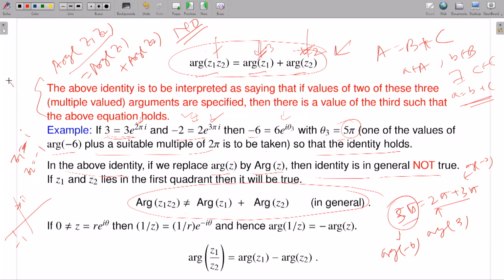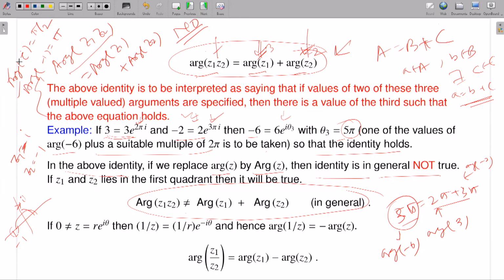So first, what is the principal argument of i? The principal argument is this angle, that means pi by 2. And minus 1 is here. So what is the principal argument of minus 1? This is actually from here to here. So that means this is pi. So the principal argument of i is pi by 2, and the principal argument of minus 1 is pi.